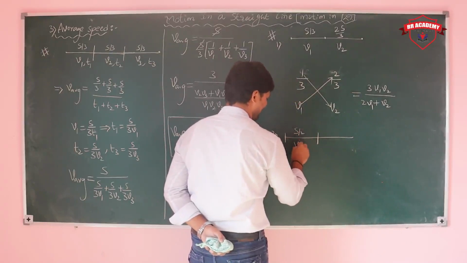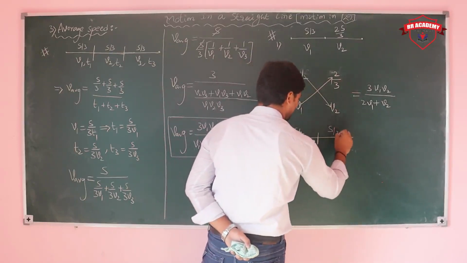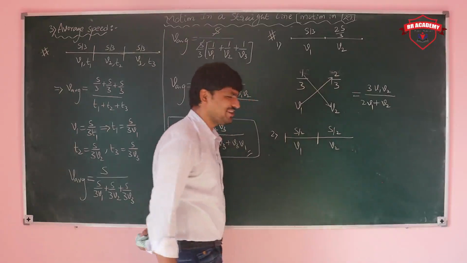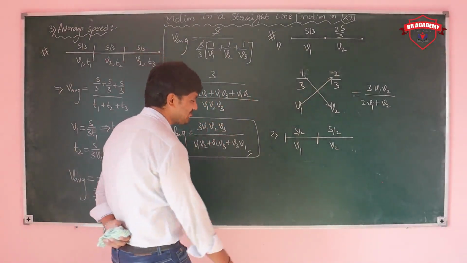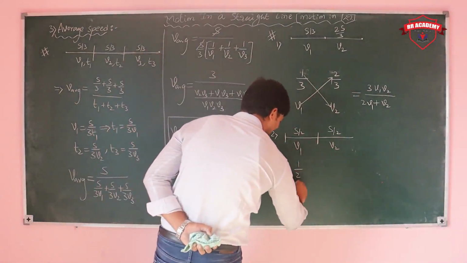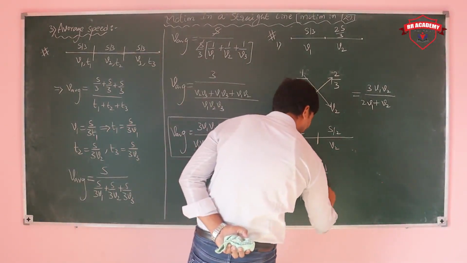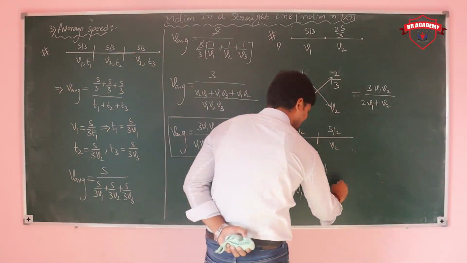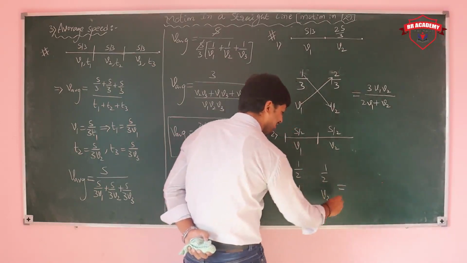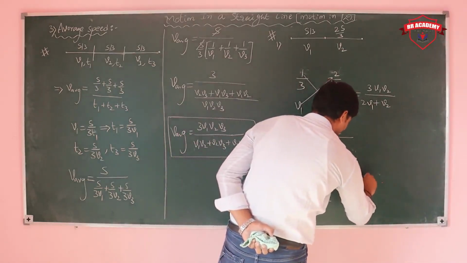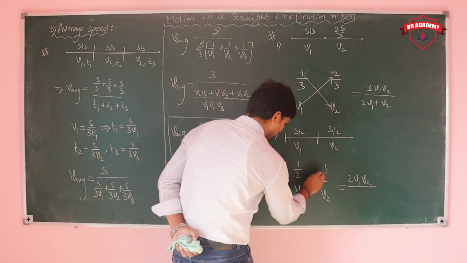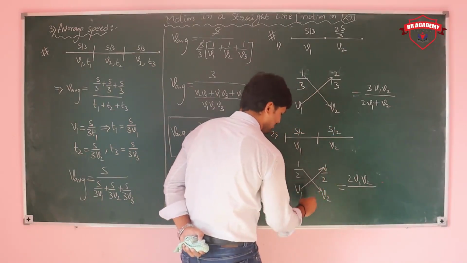First, S by 2 distance with speed V1. Next, S by 2 distance with speed V2. You can check: this S by 2 is nothing but 1 by 2 with V1, next 1 by 2 with V2. So then see here, 2 V1 V2 upon V1 into 1 plus V2 into 1.